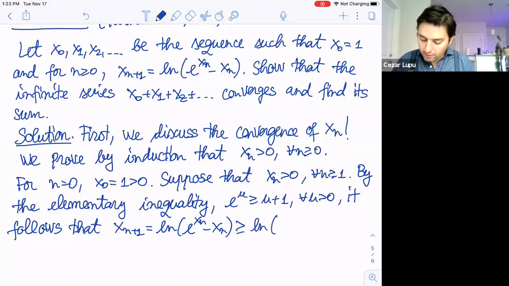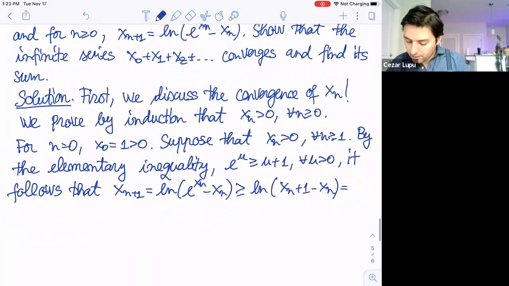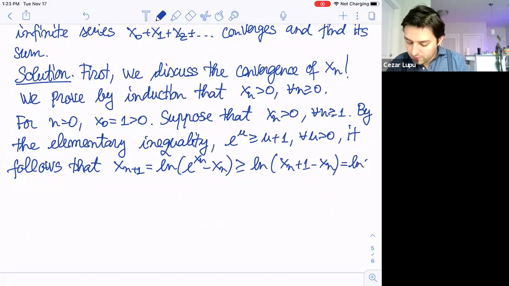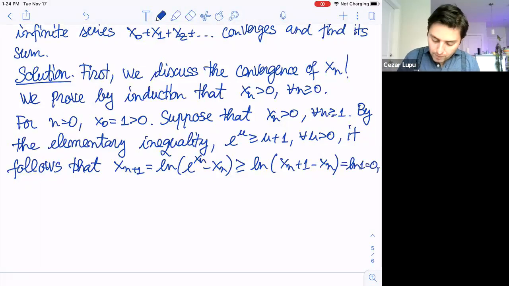This will be greater or equal to ln of Xn plus 1 minus Xn, which is ln of 1, which is 0. So X_{n+1} is greater than 0 for all n.